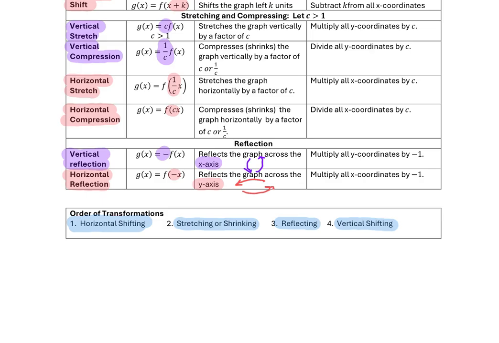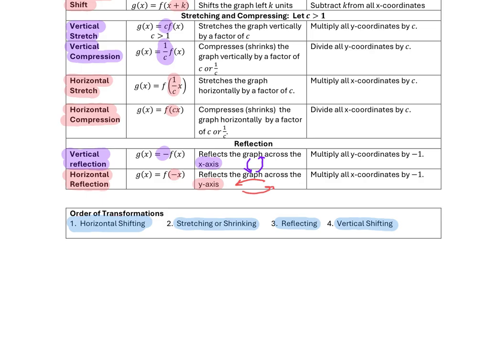We do want to start with our shifting, we want to do our stretching, compressing, and reflecting, and then we want to do our vertical shifting. And it can make a difference because, for instance, if you stretch before you shift, then these points are not going to be on the same spot. And so we do need to be careful about that.